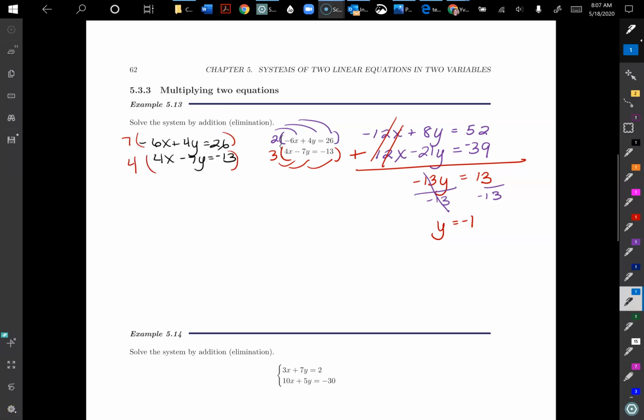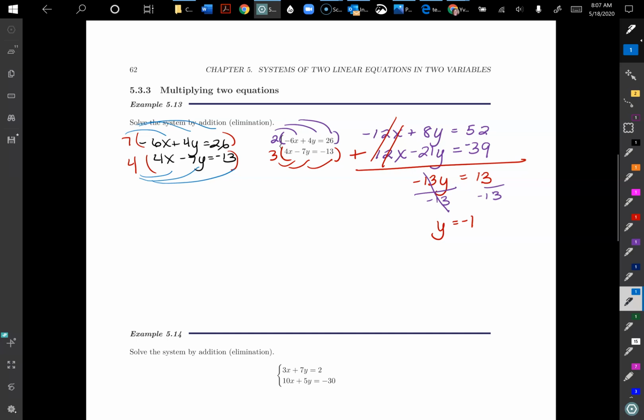Okay, so off to the left here, I rewrote the system. I wrote it as 7 times the negative 6x plus 4y equals 26 on the top, and then 4 times the equation on the bottom, right? So that way we will be able to get a common y coefficient of opposite sign.